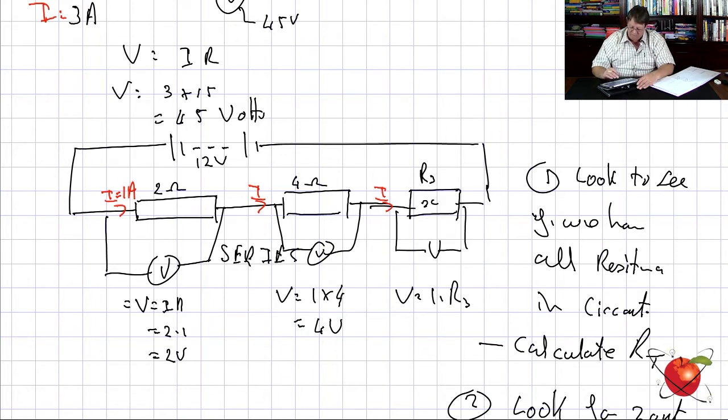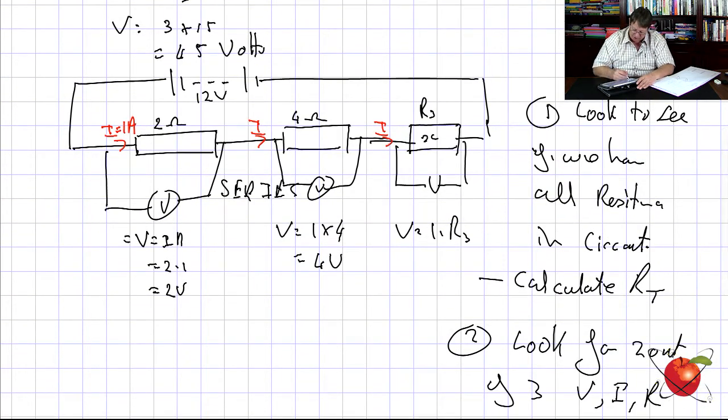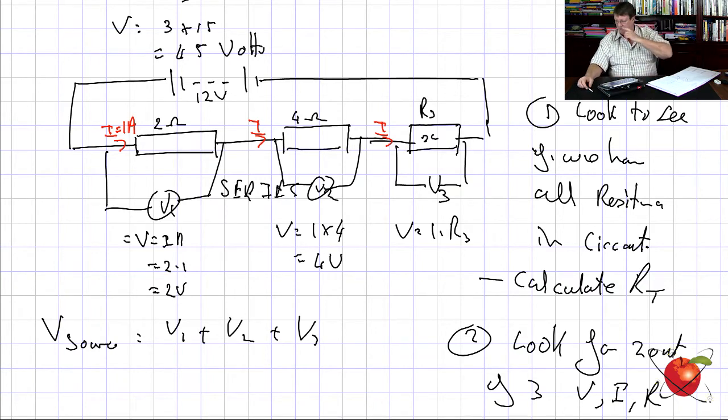We said the total voltage, V source, or V input, or whatever you want to call it, your battery voltage at this stage, until we do internal resistance, is equal to V1 plus V2 plus V3. The battery voltage must be equal to the voltages across all the others, right?